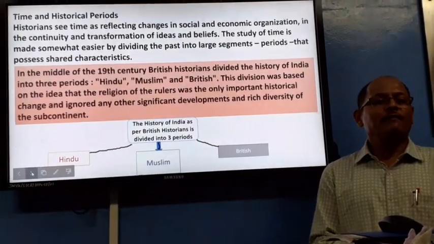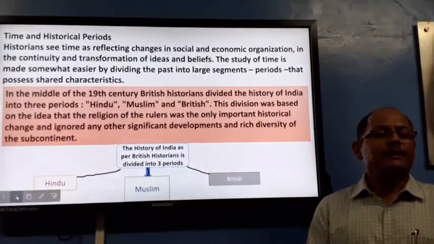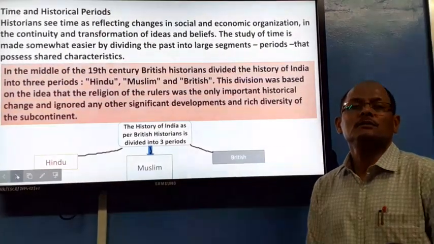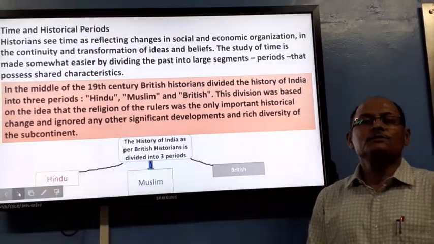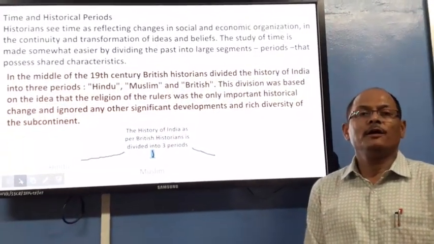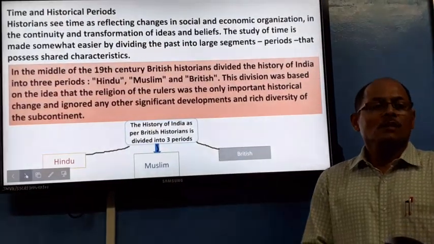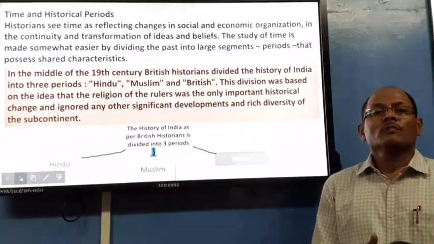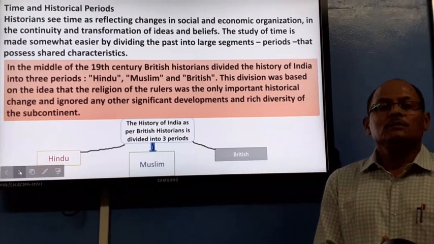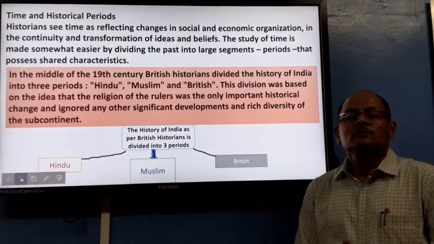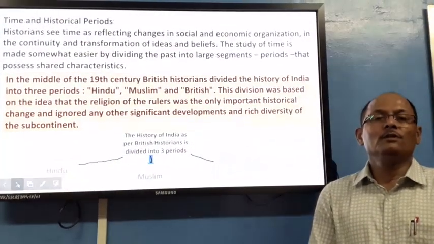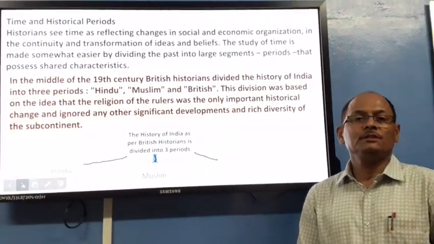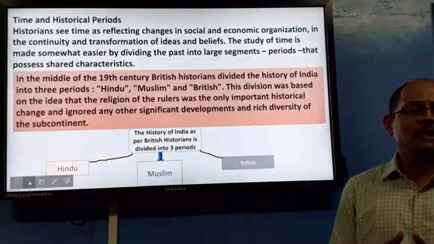Same way, when we talk of the second period, that is Muslim, it shows the Delhi Sultanate, it means Khaljis, Tughlaqs and the Mughal Empire. They all believed in Islam. But as we all know, during that time, the emergence of Sikhs, the 10th Guru, Guru Gobind Singh, the emergence of Marathas under the leadership of the great Shivaji, and we know about Maharana Pratap.